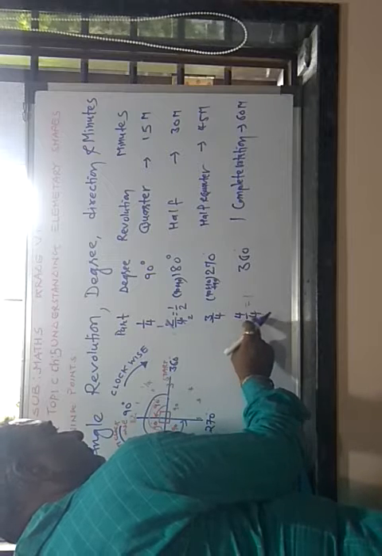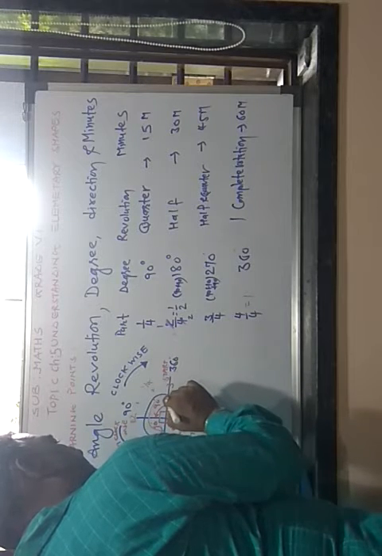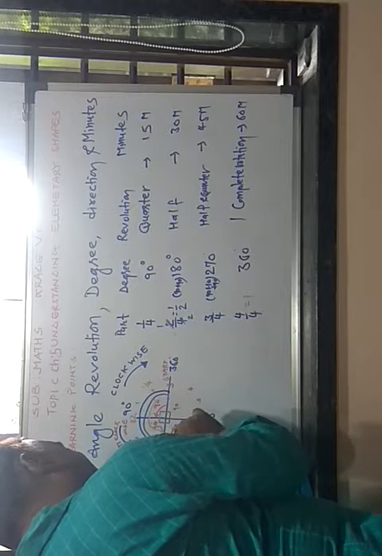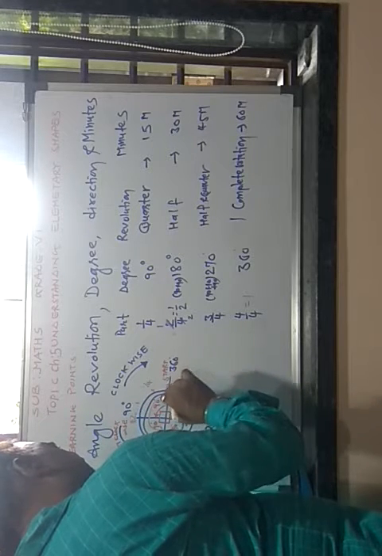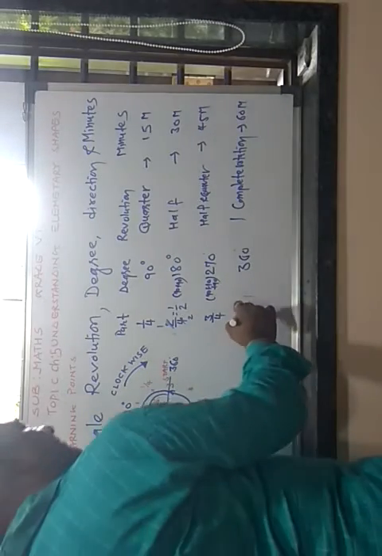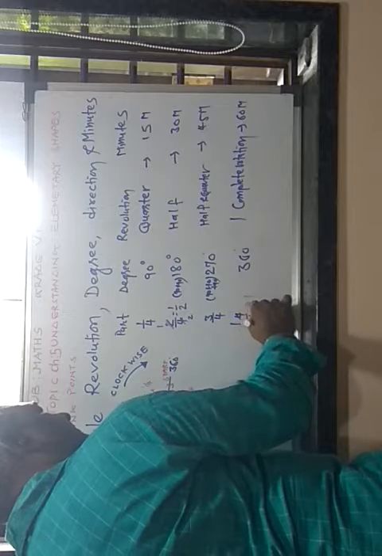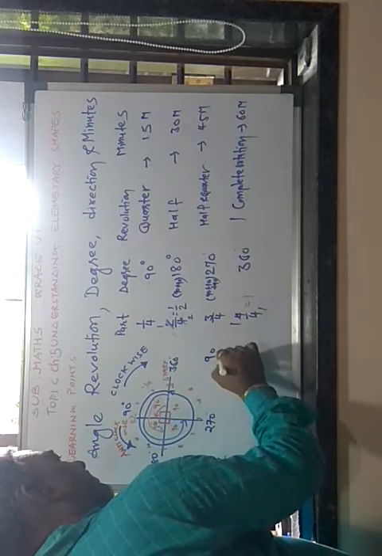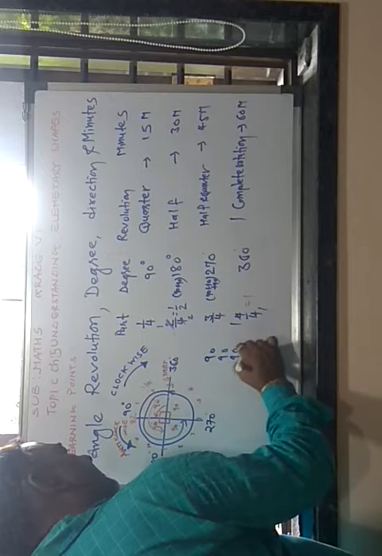Here, when it covers from here 90 degrees, then again 90 degrees, then again 90 degrees, and again, this means a complete revolution is there. So 1 means 4/4, 4 ones are 4, means 1. Complete revolution means how many degrees? 90 plus 90 plus 90 plus 90.